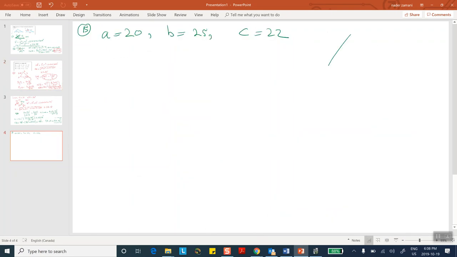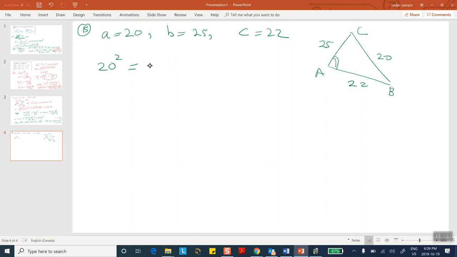Let me draw this. It always helps. A, B, C. So this is 20, this is 22, and this is 25. So let's find A first. We have 20 squared equal to, if you're trying to find angle A, let's look at the side that's facing A, which is little a, 20 squared right there.